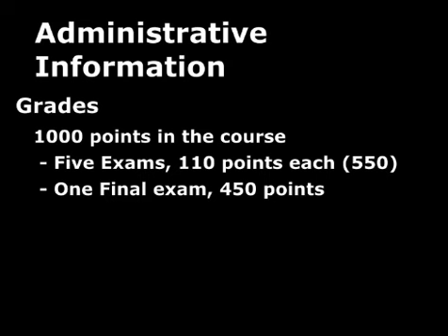How does that work? Well, if you'll notice here, each of the 5 exams is worth 110 points. The final exam has a section that corresponds to chapter 1 and a section that corresponds to chapter 2. And those are all worth 55 points.